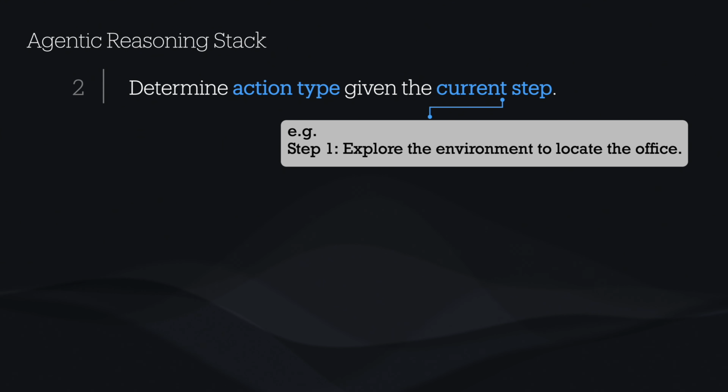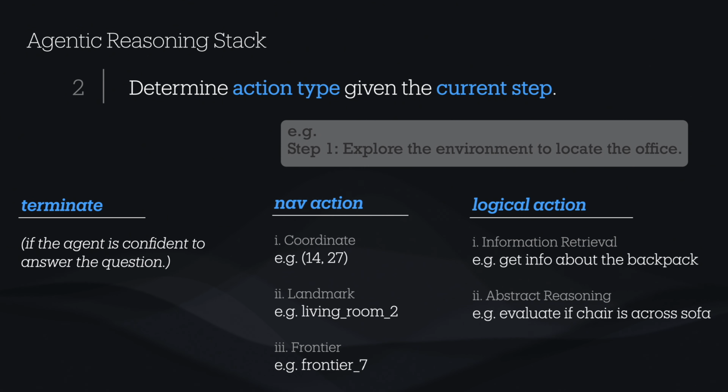Next, given a step, let's say the first initial step, we're going to determine which action type we'd like to take. In this context, we've categorized action types into three. The first is, if the agent is confident, it can terminate the episode and answer the question. The second type of actions are navigation actions. As we are traversing this environment, we're going to be mapping it out as well.